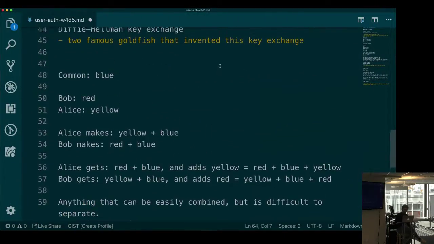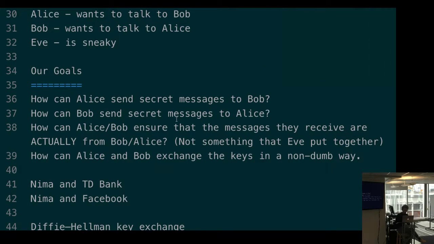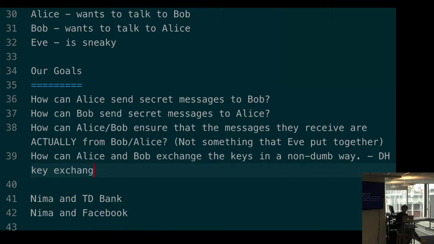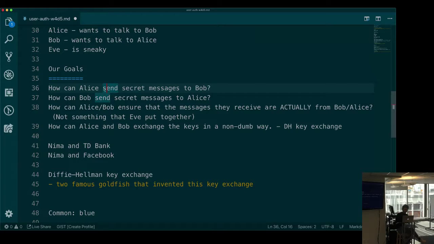If we were to look back here at the goals that we'd set up, we now have this one done. How can Alice and Bob exchange the keys in a non-dumb way? This was a Diffie-Hellman key exchange. You can start digging into some of the other stuff, the sending secret messages and ensuring that the messages they receive are actually from Bob and Alice.